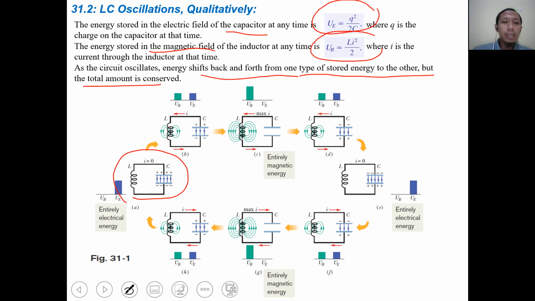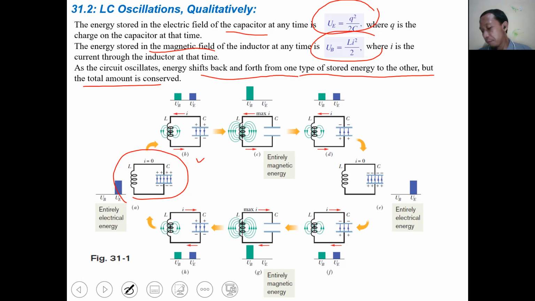Because the capacitor is fully charged, it will discharge, transferring the current through the inductor, as we can see in figure B.